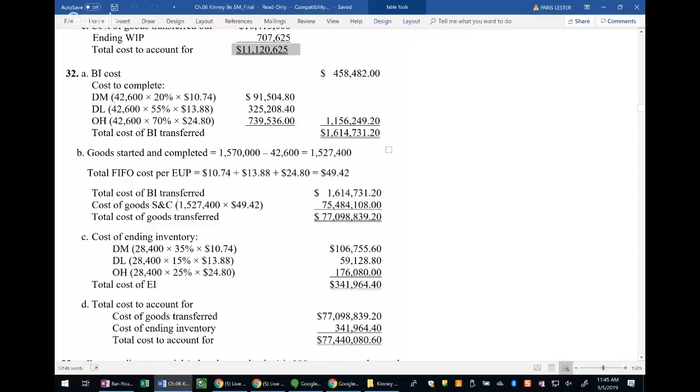That's your beginning cost plus new cost to complete them. Now, if you take goods started and completed, well, how do we calculate that? Cost of goods transferred out.